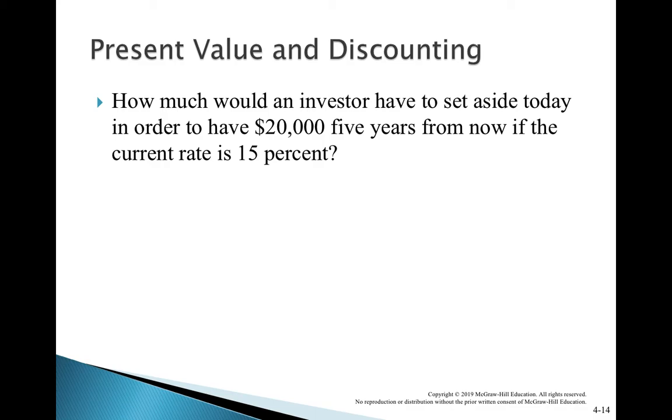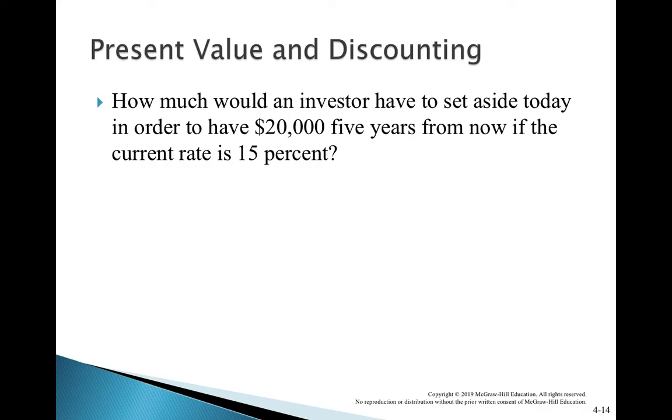Very simple. Future value after 5 years, future value is given: 20,000. Rate of return or rate of interest is given: 15%. We need the present value. Present value is equal to future value divided by 1 plus r to the power t.